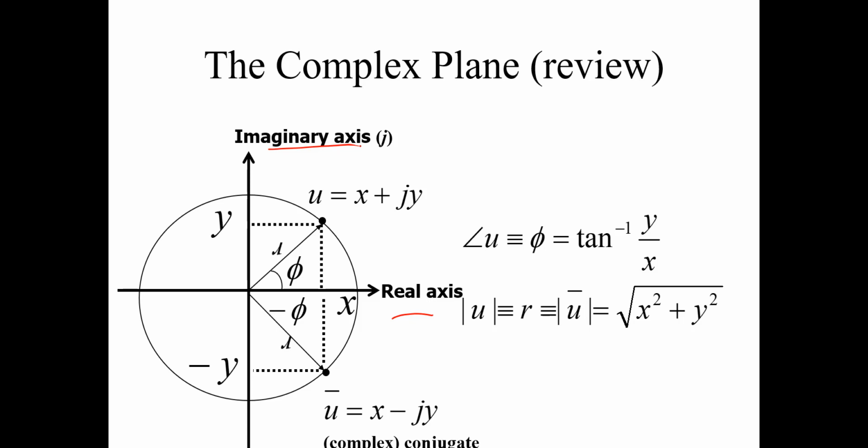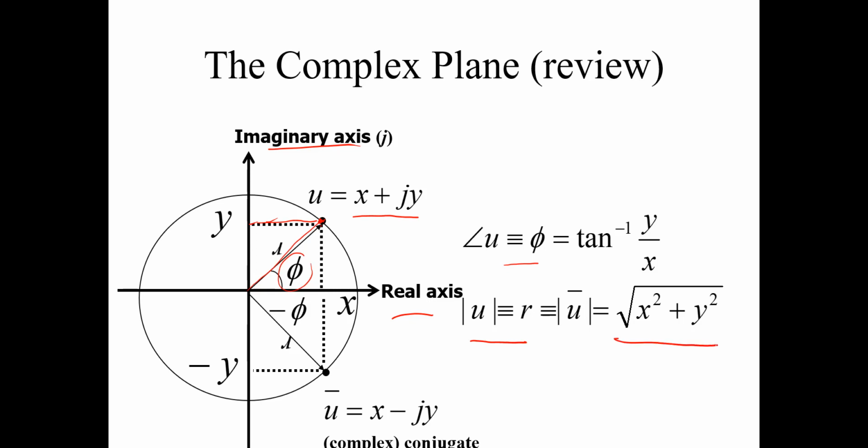So here u is x plus jy. Y is this one, this is the y here. So u is here. And then the phase of u is theta here. Theta is arctangent of y per x. And the magnitude of u is r here, the square root of x squared plus y squared.